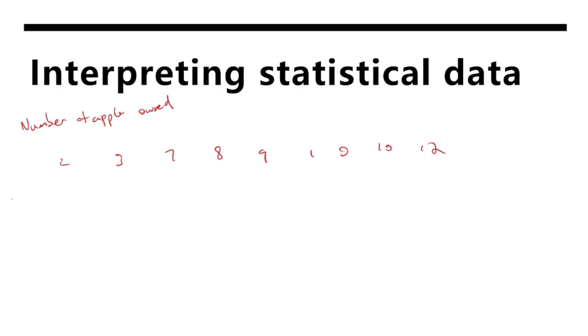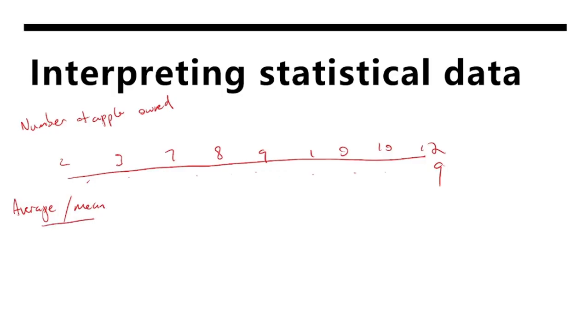And then first, what is the average or the mean? We have this sample and the size is 1, 2, 3, 4, 5, 6, 7, 8, 9. Size is 9.